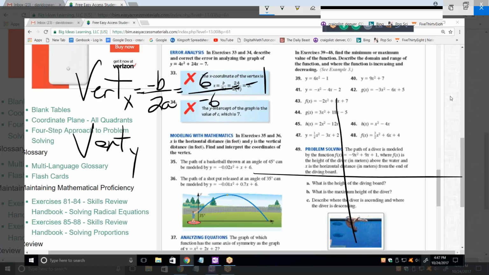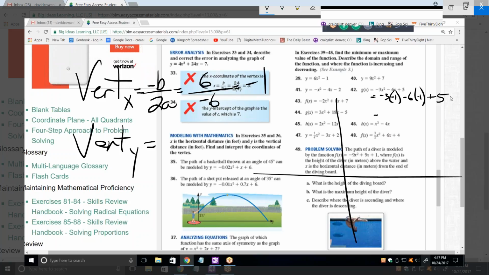So negative 3 times negative 1 squared. Again, write it out like this because there are so many negative signs. Is that a negative 5 or a positive 5? I think it was a positive 5. Yes.